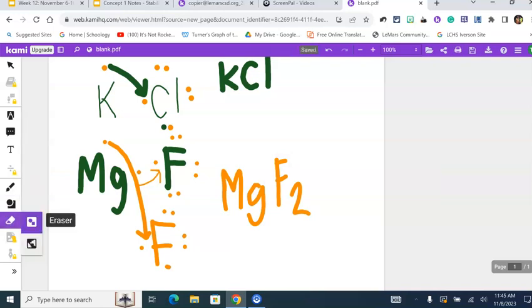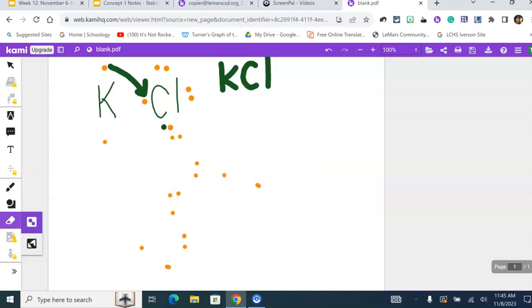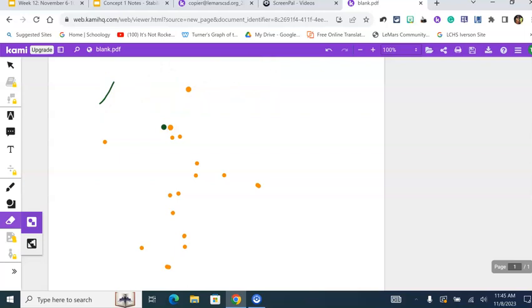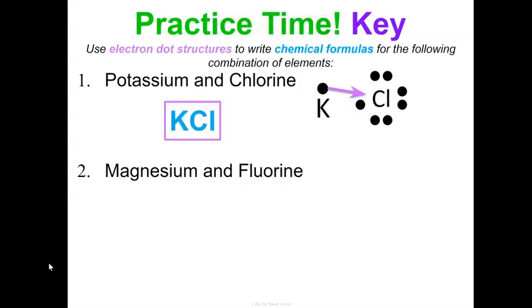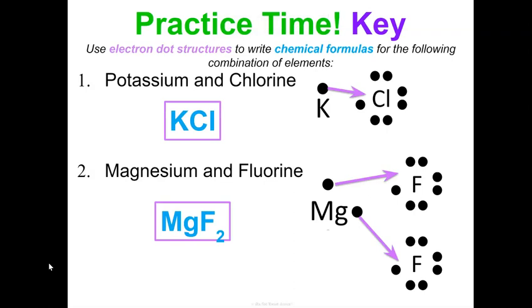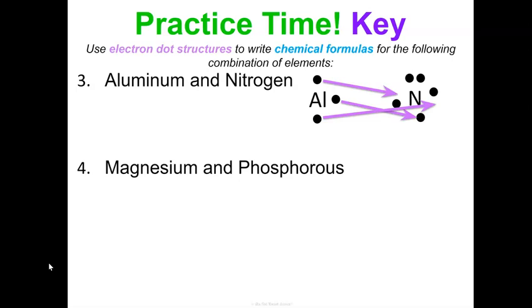How about you do number 3? So for aluminum and nitrogen, how many does aluminum want to give up? 3.